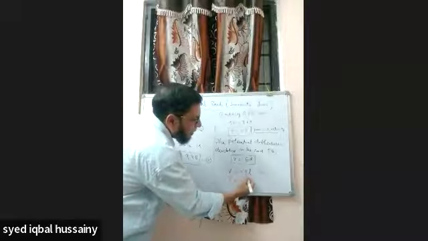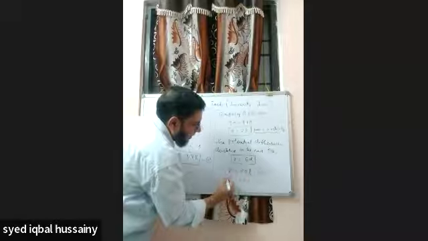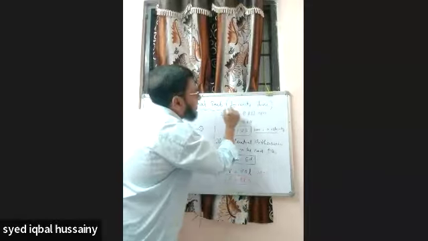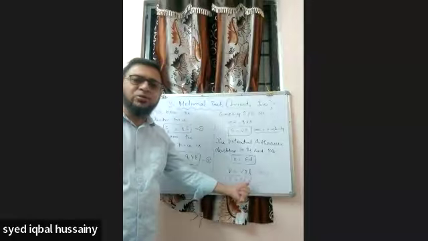EMF is equal to BLV. See, the same formula we get by using the Lorentz force method also. By using the Lorentz method, we get the same formula. EMF is equal to BLV. Done, children?